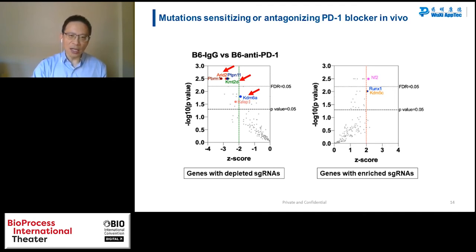We could identify many guides against these genes to be depleted in the immune checkpoint treated animals as compared to the control animals. These genes encode PBRM1, ARID2, KMT2D, and KDM6A.